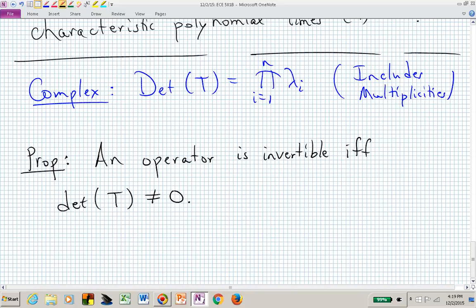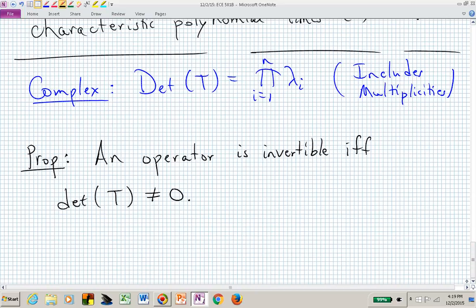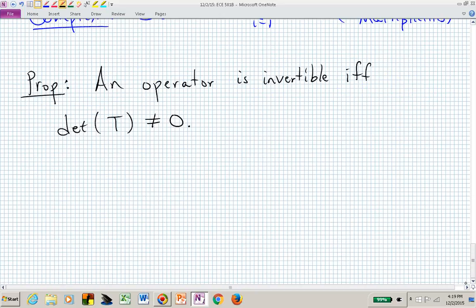So if somebody says, is this linear operator invertible, and you can see that the determinant is not equal to 0, then you know it is invertible. If it is equal to 0, then you're not going to be able to find an inverse of that operator.